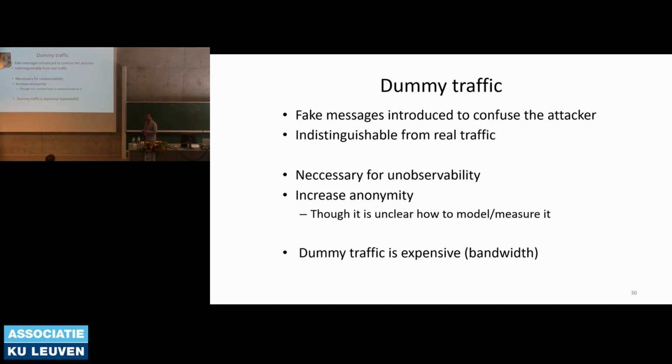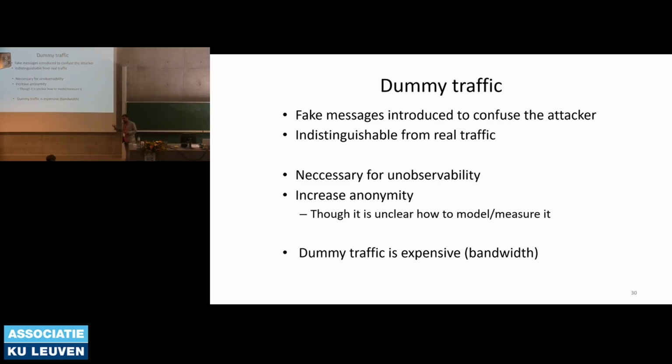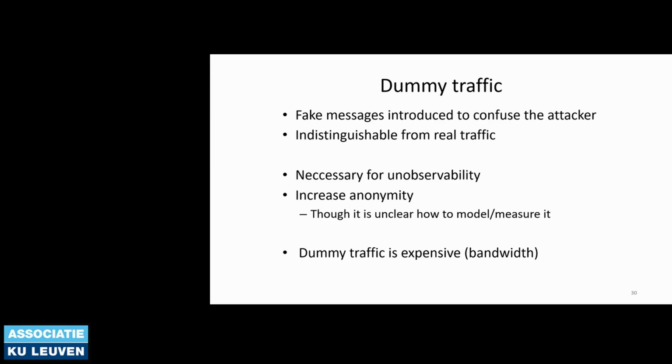However, it's difficult to model or measure the effect of dummy traffic. For example, should the dummy traffic always be created by users, or can the servers help, or what kind of dummy traffic is better? Those are still open problems.